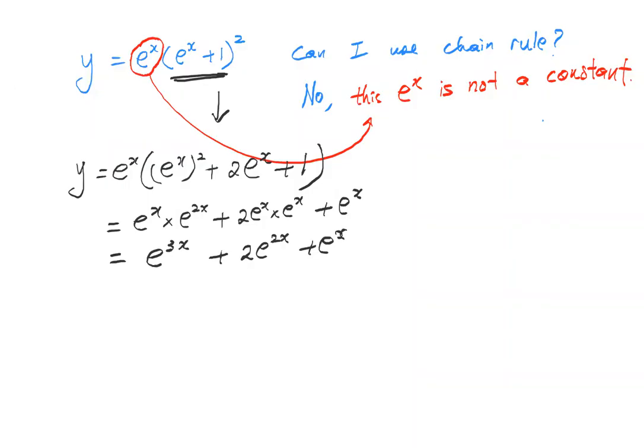So my dy/dx for this one will be 3e to the power 3x plus 4e to the power 2x plus e to the power x. Is that okay with you?